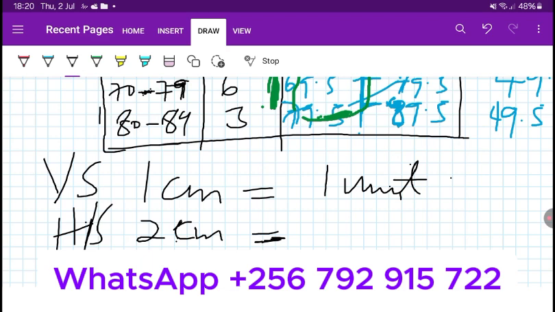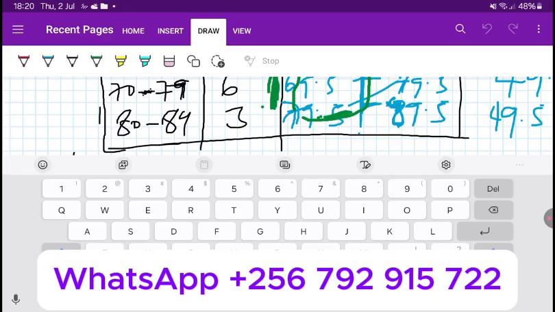So for this one, we can say maybe let each represent 20 units. So you interpret, of course, it means 1 small square will be equivalent to 2 units. Then you go ahead to draw the bars.